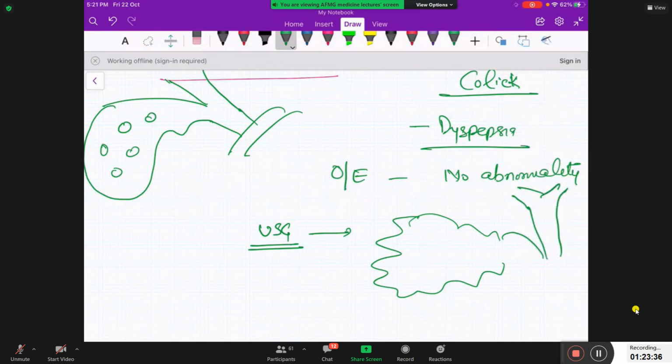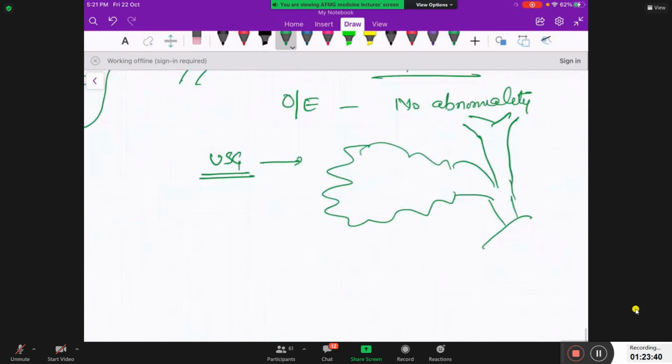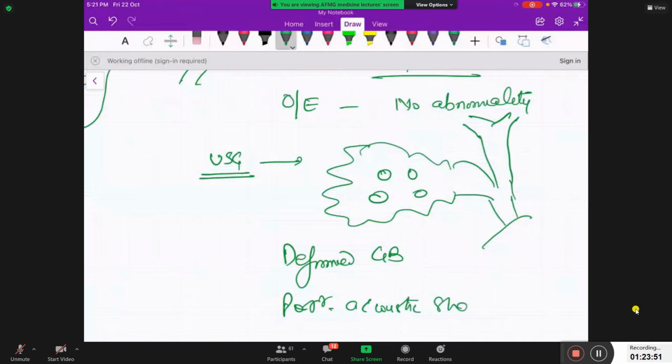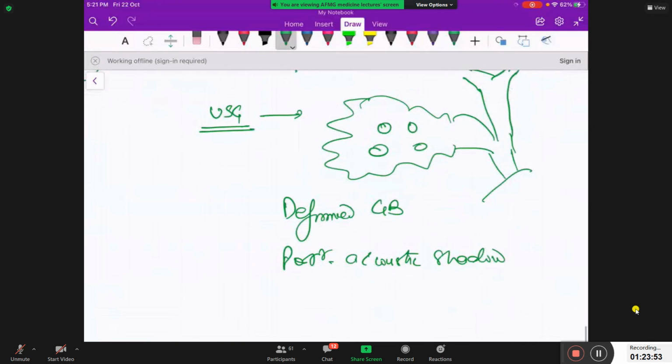Now, there is no acute inflammation at this time, so it will be a deformed gallbladder, first of all, and there will be posterior acoustic shadows in it. Since at this moment the patient doesn't have any acute problem, there will be no increase in wall thickness also.